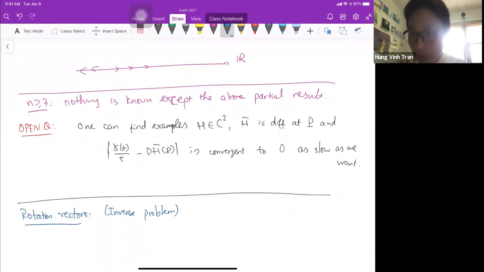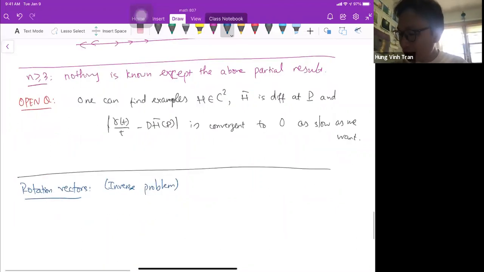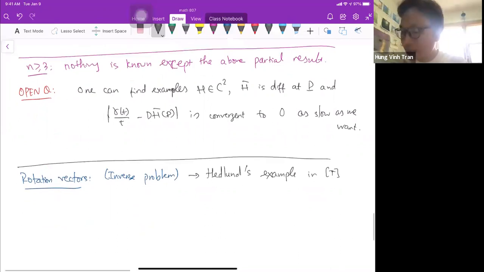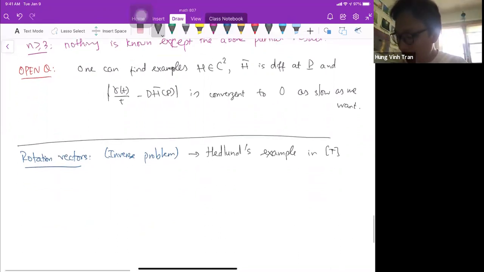The answer is no. I don't have time for this, but I refer to the Hedlund example in the book. The example is in 3D; 2D is different. In 3D, you can construct the problem quite easily.